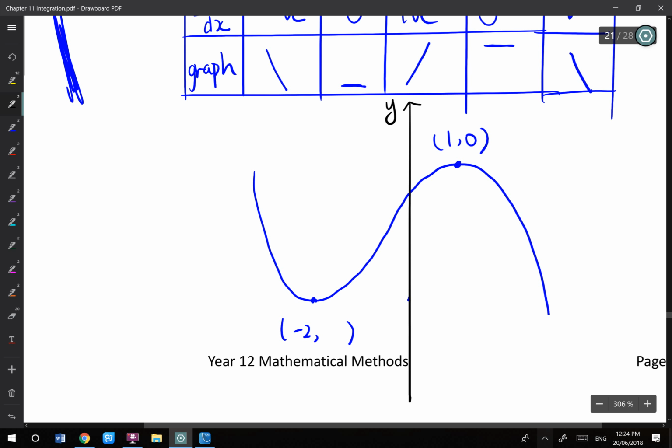And then because it passed through 0, 0, my x-axis will be here. Because it passed through 0, 0, then my x-axis must be there. So the graph looks like this.